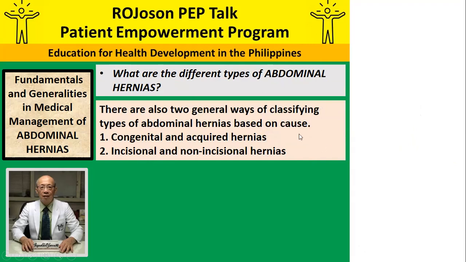And then there are two general ways of classifying the types of abdominal hernias based on cause. The first one that I presented is based on location. Now this is the classification based on the cause: congenital versus acquired hernias, incisional and non-incisional hernias. I will explain this later on.